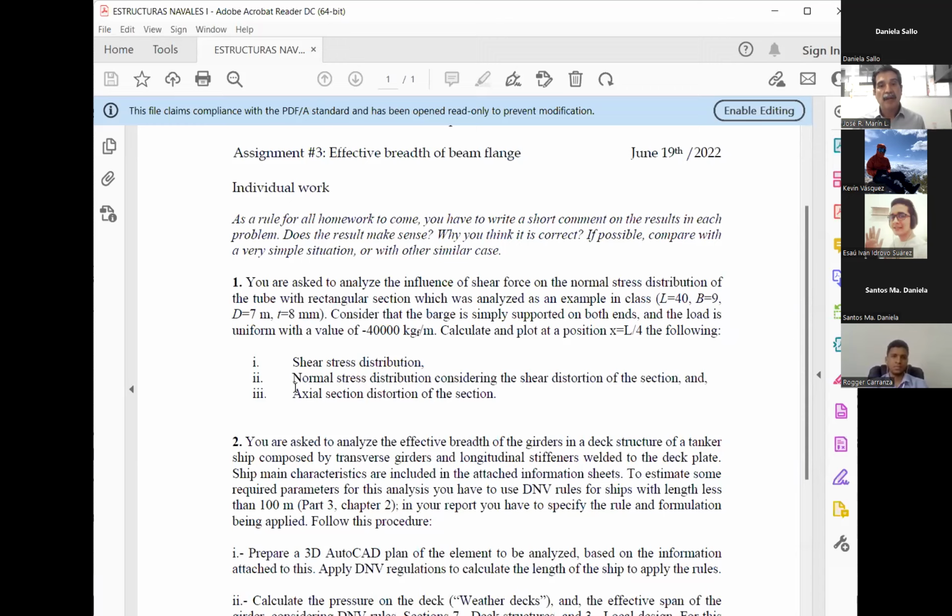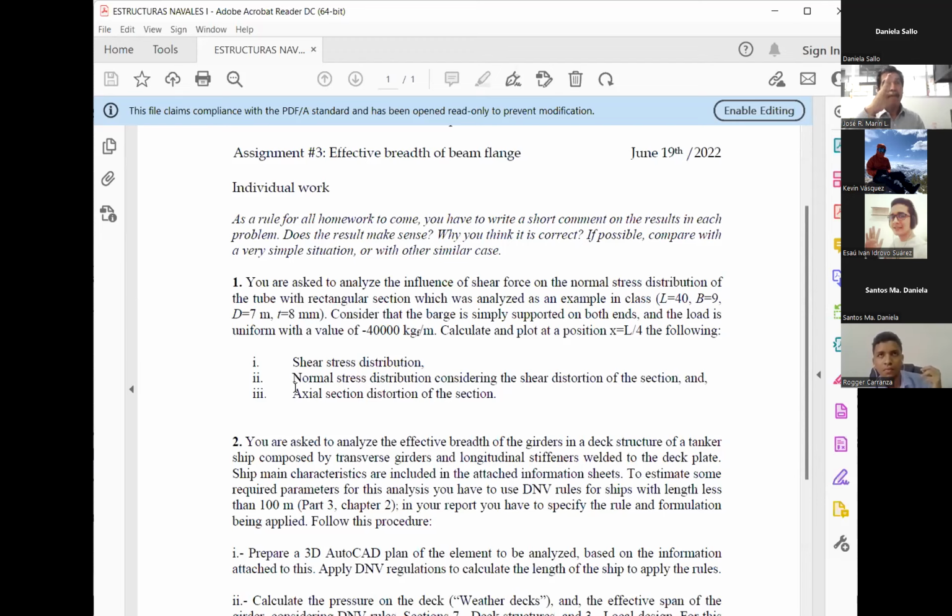And then in the third part, I want you to plot the axial distortion. That's because I want to insist: you have a section, you apply a vertical force. So this section moves vertically and then rotates, but according to pure bending, it stays straight.